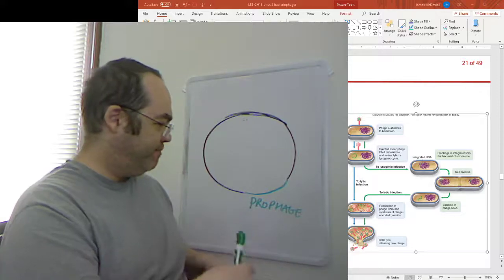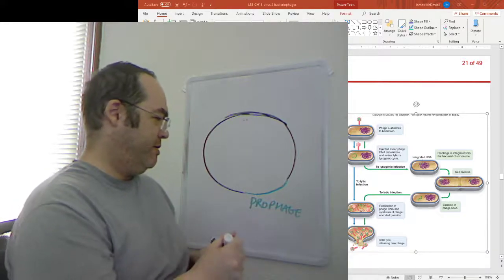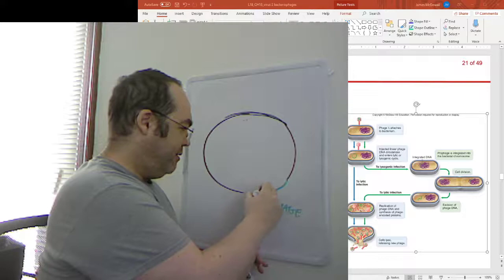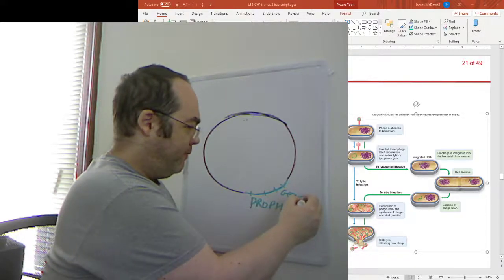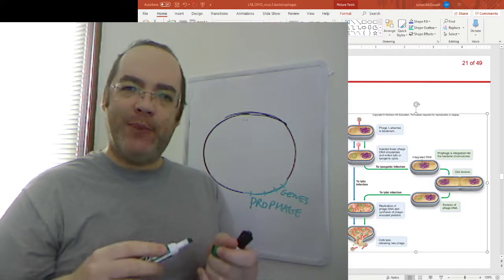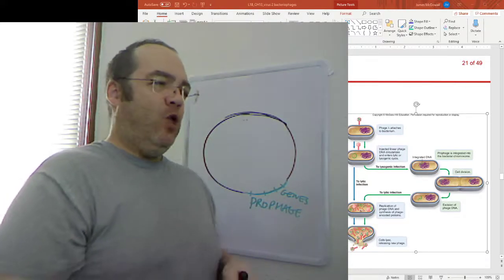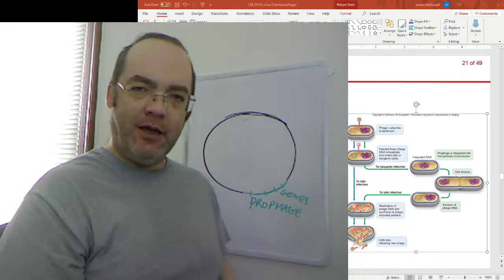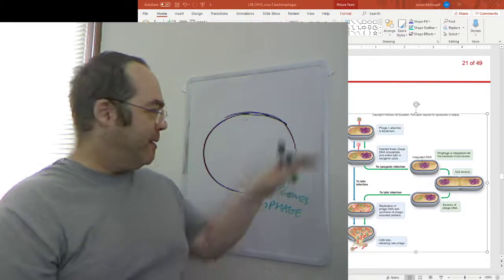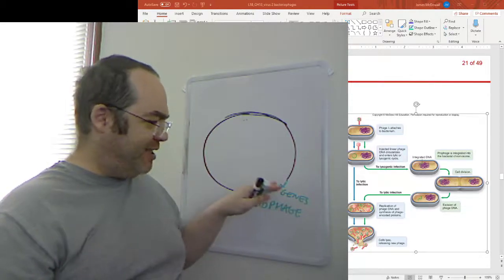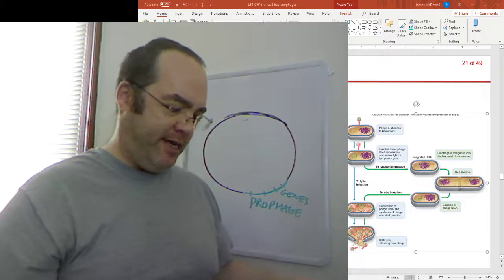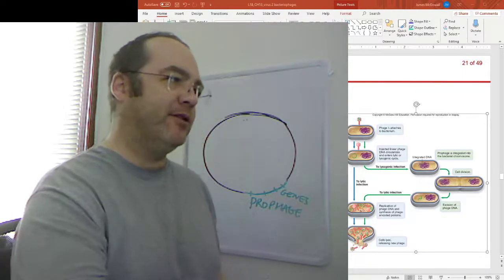The prophage has on it genes that were brought in by the virus itself. Take a look at the implications of a virus inserting not only its genetic material, but inserting new genes into the bacteria's genome.